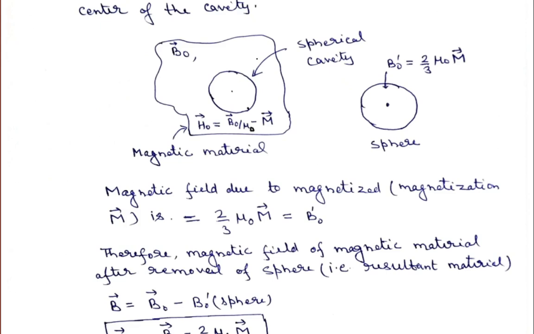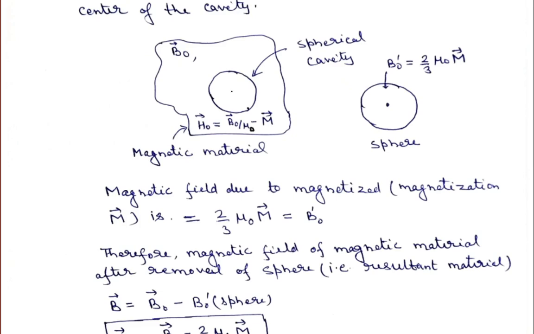Now in this material a spherical cavity is created. Because this material is three dimensional, a sphere is cut out from the material and kept here, let us say. If we remove the sphere from this material, there will be a cavity, a hollow space created within the material, but the shape of this cavity is spherical, that is the point.